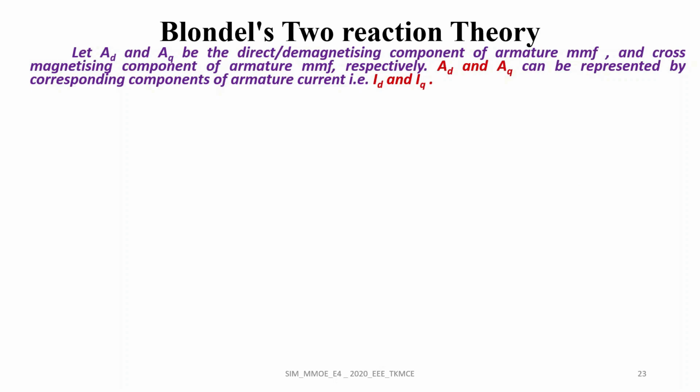Let AD be the direct or demagnetization component of armature EMF and AQ be the cross magnetization component of armature EMF. Then AD and AQ can be represented by the corresponding components of armature current, that is ID and IQ.